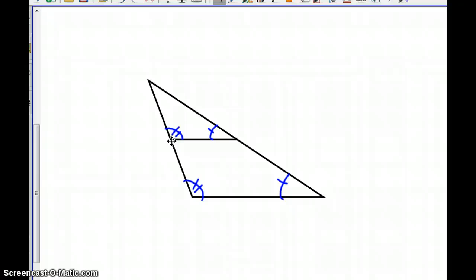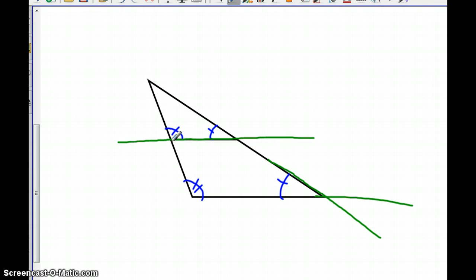And sometimes, guys, when you're doing this work with your homework, you're going to have to extend these lines because they may give you some information that you're going to need the other angles as well. So, don't neglect to take into account that some of those lines are going to extend, because what we've got here is a parallel line there and a parallel line there, which means we have two transversals.